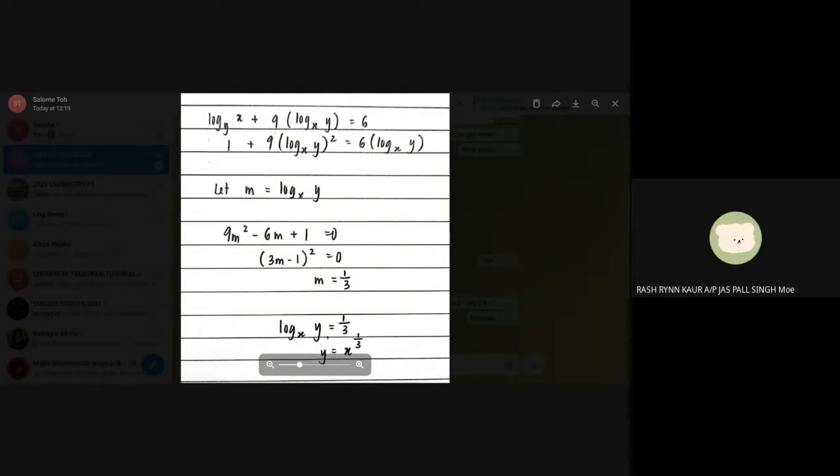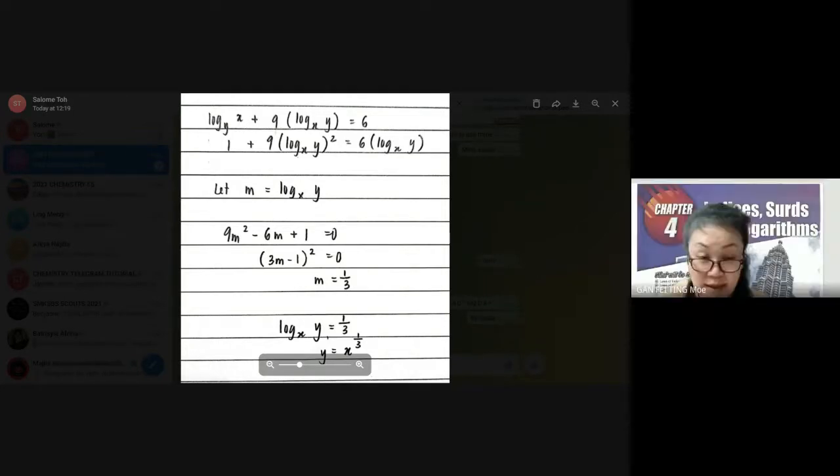Law of logarithm. Okay, some more to what? Anyone with the answer, you can put it in the chat box. What happened from the second last line to the last line?